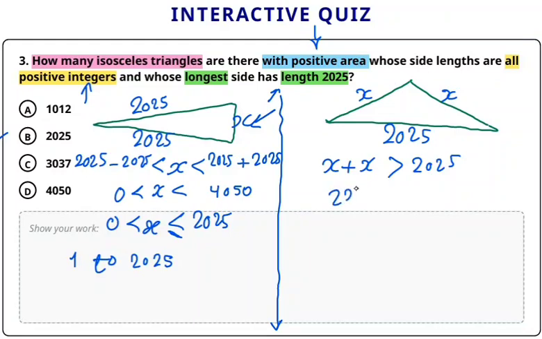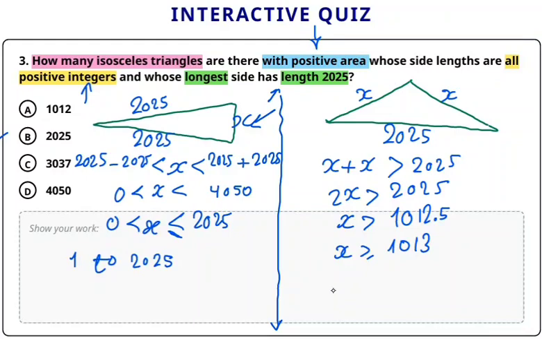So x plus x, which is 2x, should be greater than 2025. Divided by 2, x is greater than 1012.5, but there is no decimal number. So x starts from what? 1013. So x is greater than or equal to 1013.